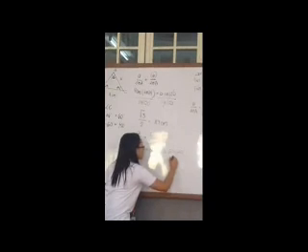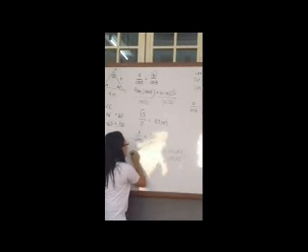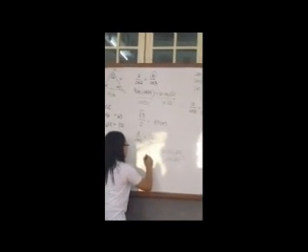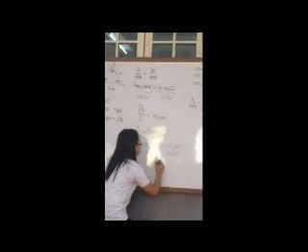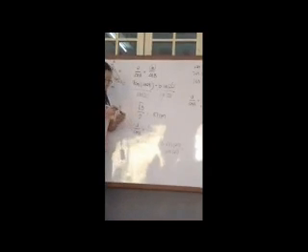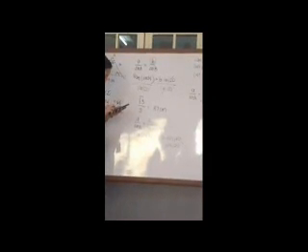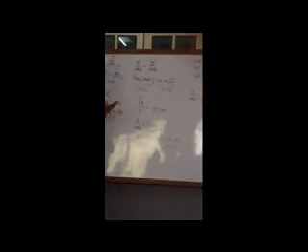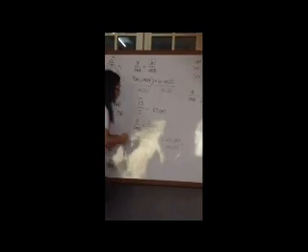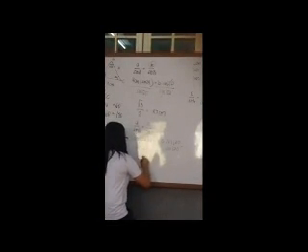Divide both sides by sine 120. And then c is equal to 6.11. That's all.